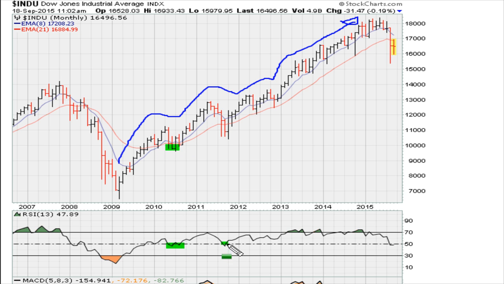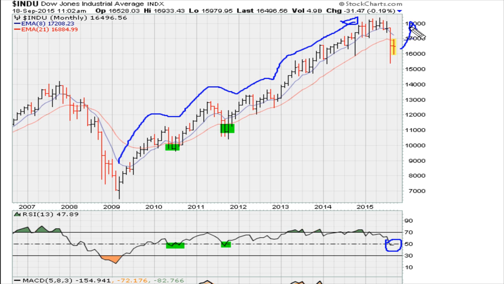It kissed that level with uniform activity below 50, back above it. That uniform action gave us the lows here. And as of right now, we're talking about September 18, 2015, the market can either weave itself back above 50. If it can move back above 50 with uniform activity, that's going to be a good sign that the market actually could just be pulling back before it continues to new highs.